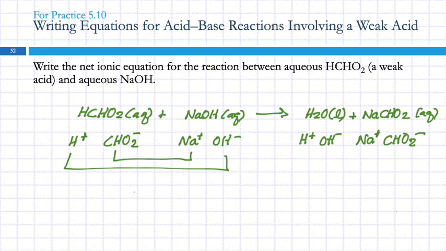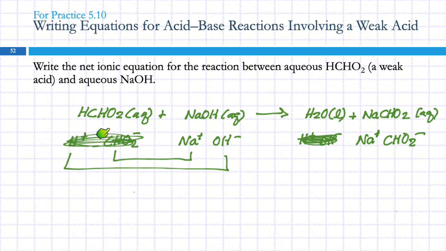So for the net ionic equation, we're going to split aqueous things into separate ions. The only exception is weak acids. Do we have a weak acid? We do. And it said this is a weak acid, right? So what that means is that most of that is molecules floating around in the water. A few of those come apart into ions. So we're going to write that one together. And then the other one would be this liquid. That's not aqueous. We're not going to separate that.